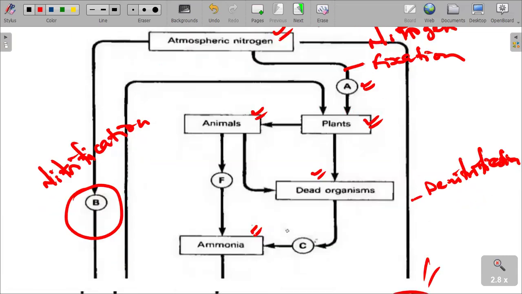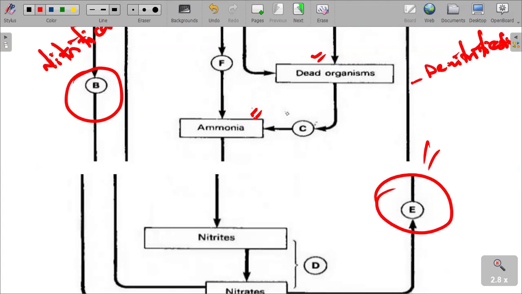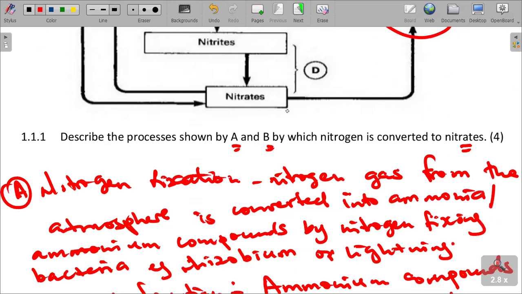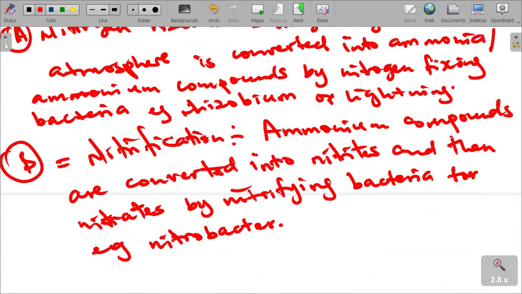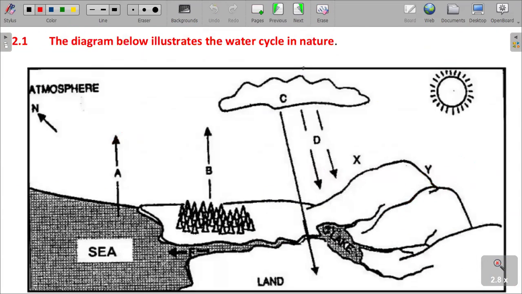What you need to understand here is that those are the two processes according to the question we were asked. We are going to have the complete analysis and explanation of the nitrogen cycle on our channel. So for today's concept, let's just answer the question given here.